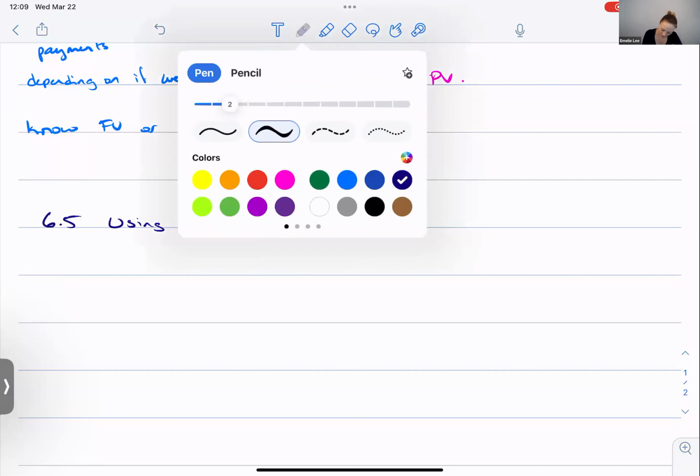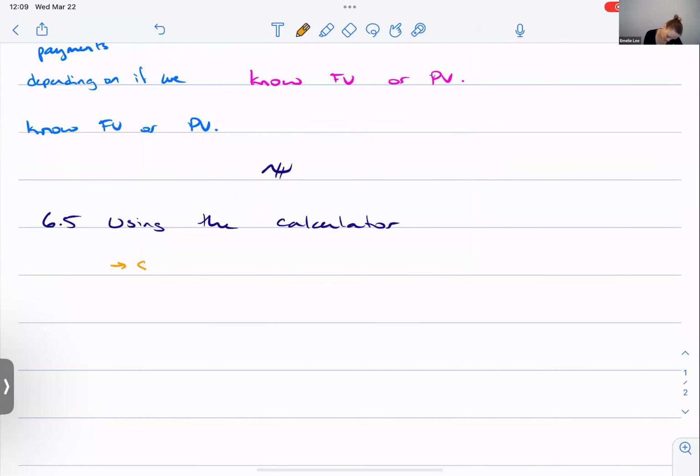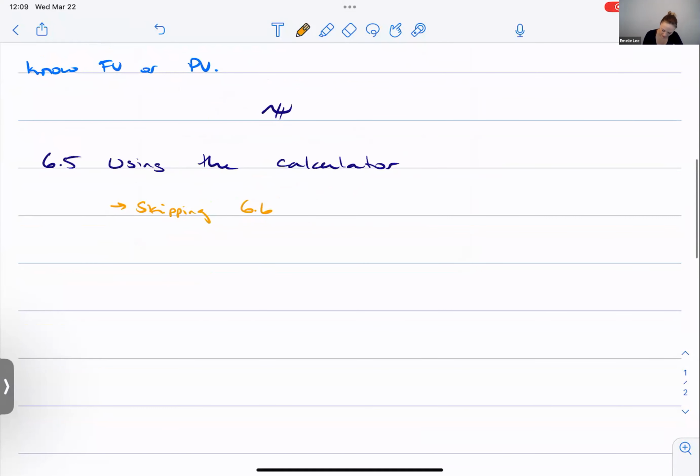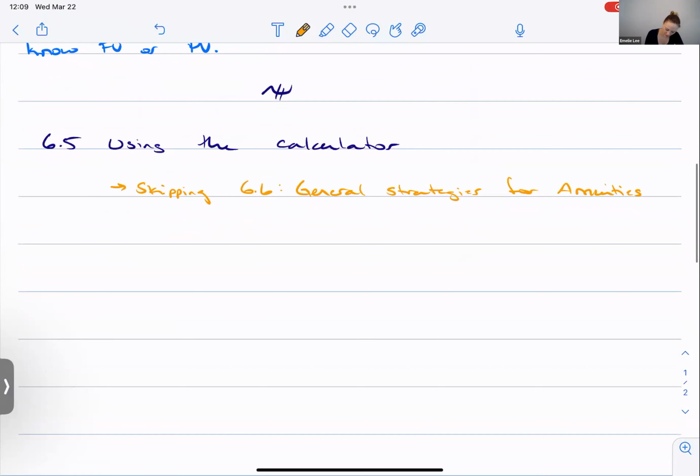So it's worth reading, but let's say here we're skipping 6.6, general strategies for annuities, since we are introducing it throughout. Okay. So we're not really skipping it. I've just smeared it all over the chapter.